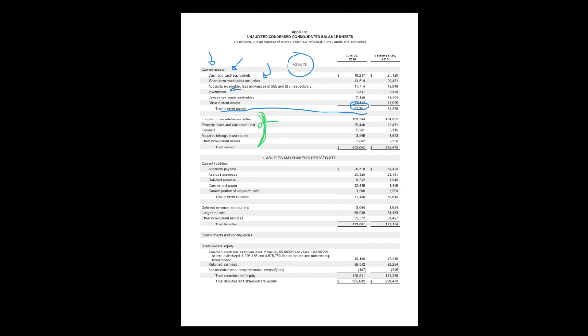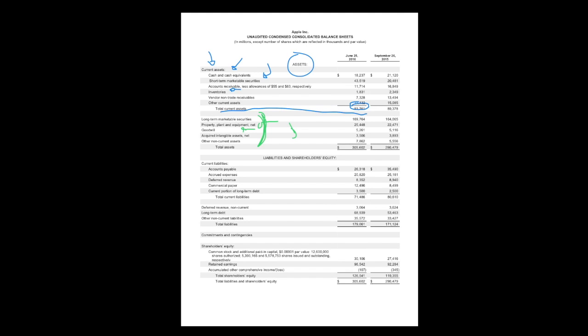Other people won't need that because they're not making iPhones. Goodwill right here is an interesting line. Goodwill basically is, if you've acquired another company, that's going to go under goodwill. And it's also very hard to sell a company. So all these things are much harder to turn into cash.